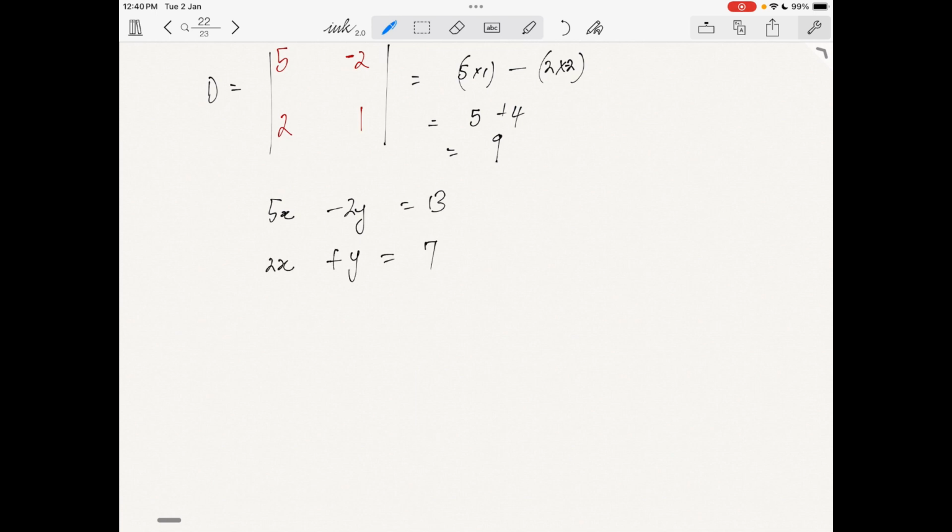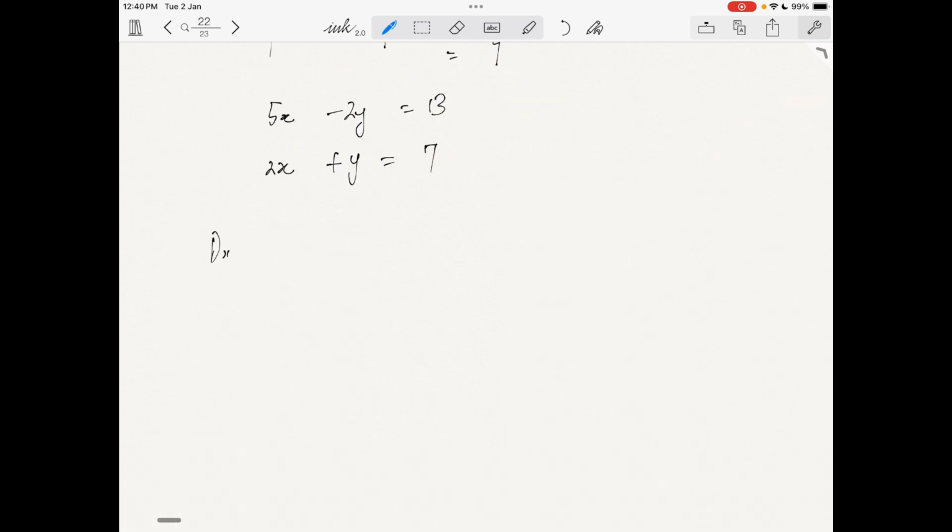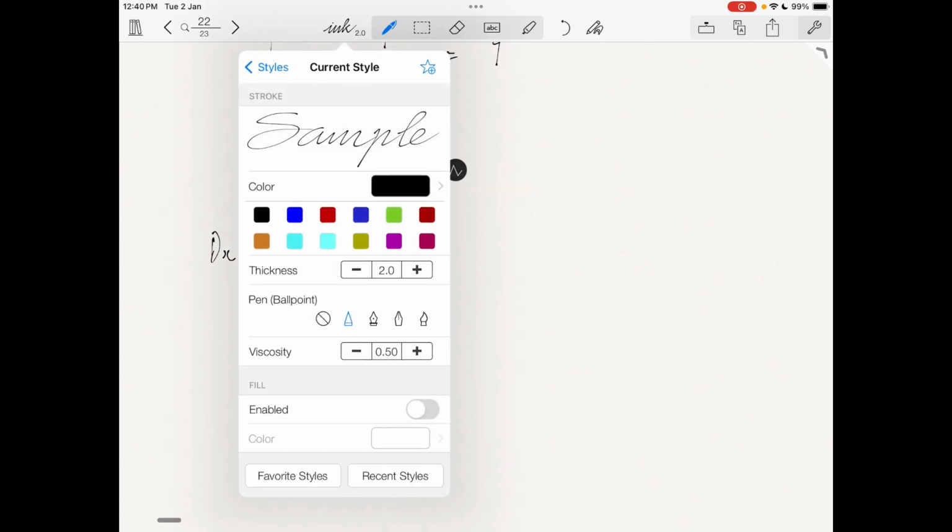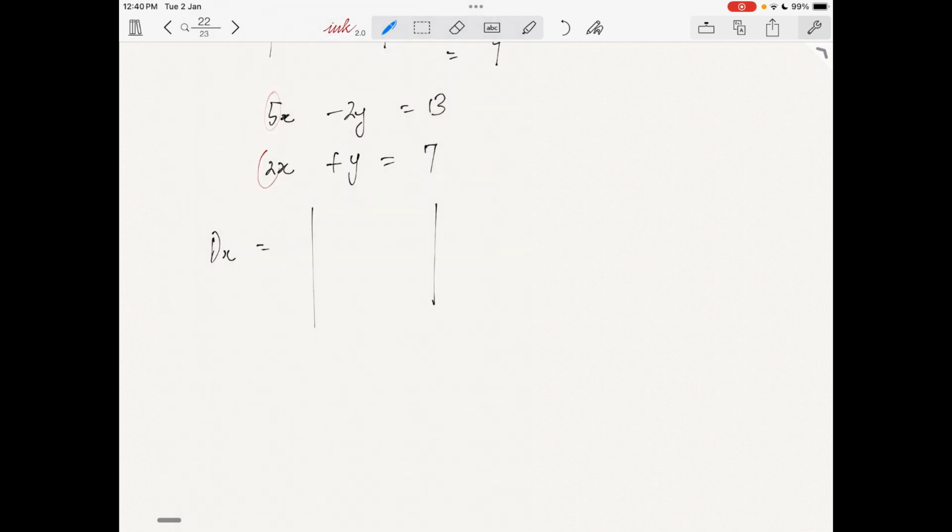Now dx, remember we started with the coefficients 5, 2, minus 2, 1. In the case of dx, we are going to remove the coefficient of x and replace it with the constants. So that will give us 13, 7.